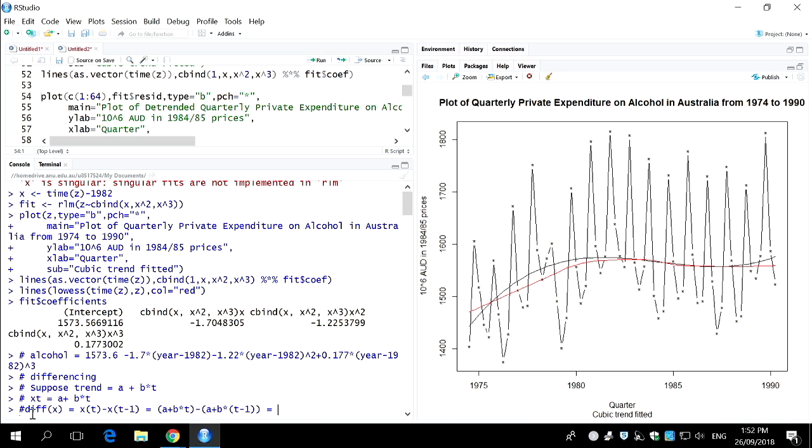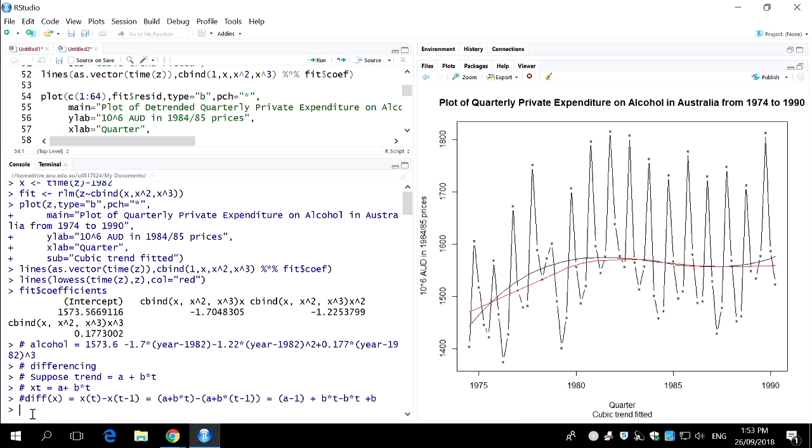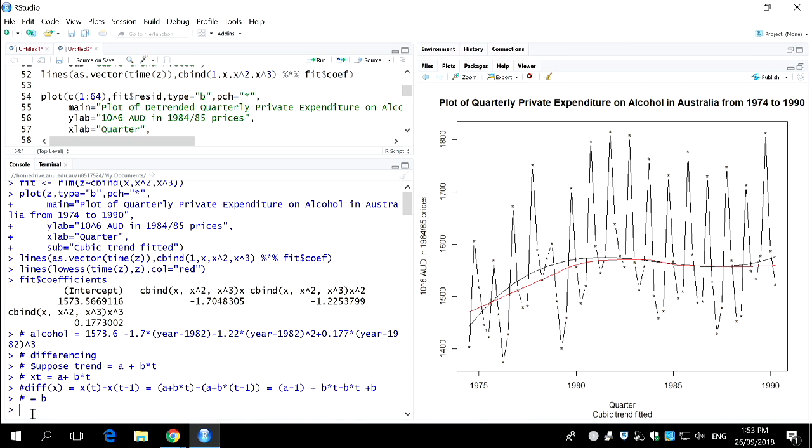Which is A minus A plus B times t minus B times t plus B. Okay? Which equals, A minus A is 0, Bt minus Bt is 0, this just equals B. Which doesn't depend on time, it's constant. So if your trend is linear and you take first differences, then it flattens out and becomes constant.